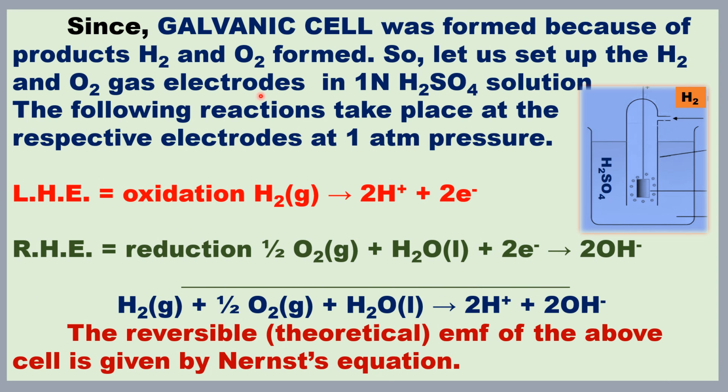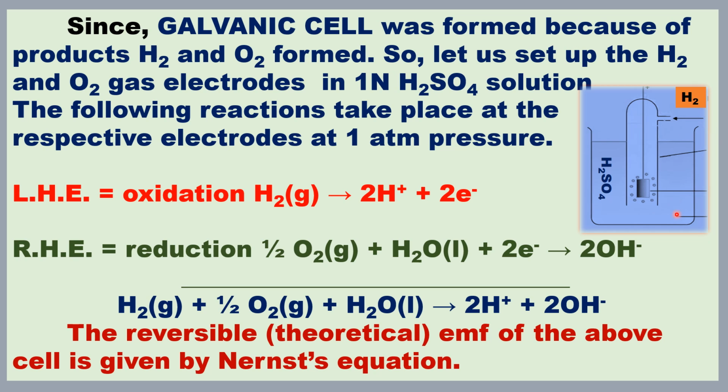As I said earlier, hydrogen gas is evolved. So in the electrolytic cell, a galvanic cell was formed, that is the hydrogen gas electrode. The setup was similar to a hydrogen gas electrode. Since a galvanic cell was formed because of the products, a hydrogen gas electrode and an oxygen gas electrode formed.